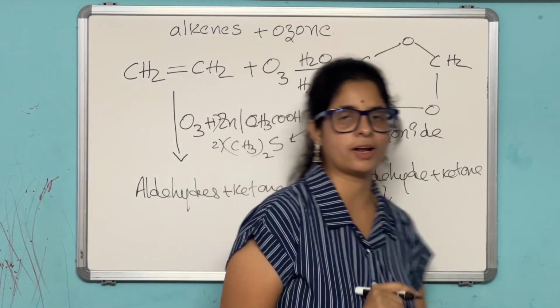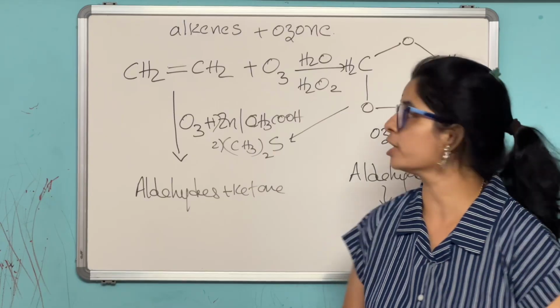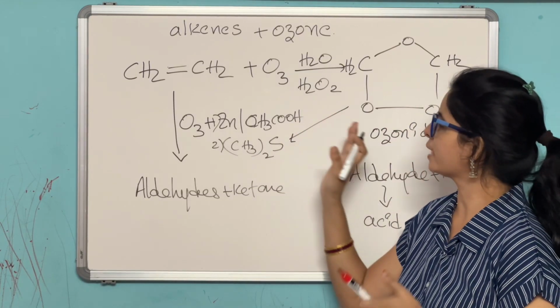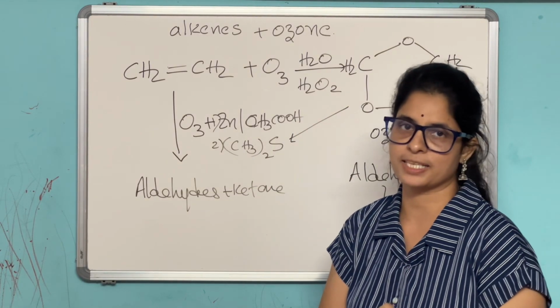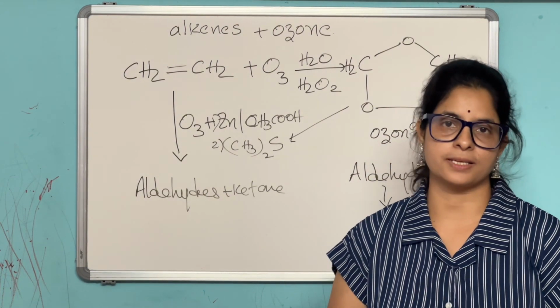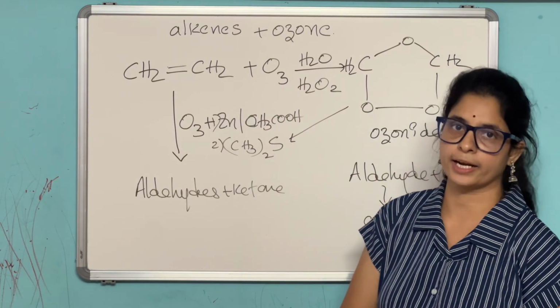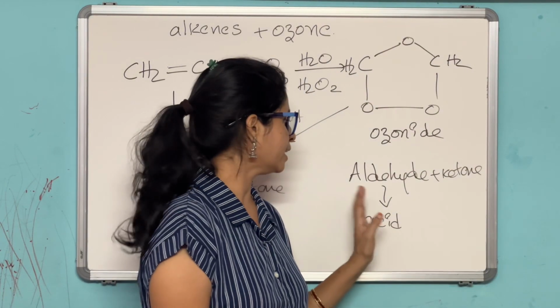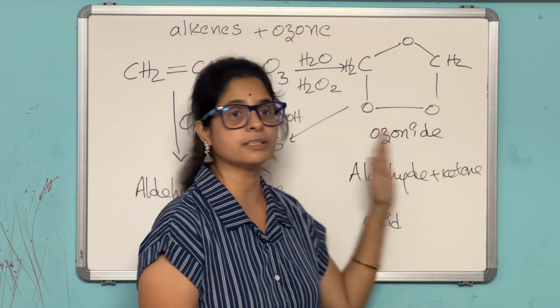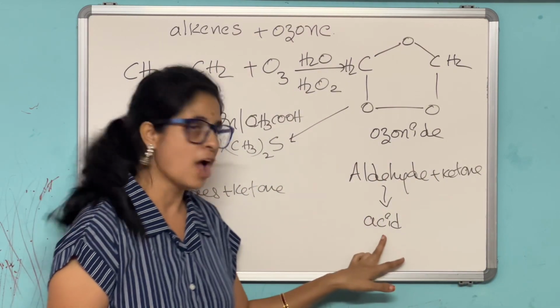Likewise, in the case of the oxidative cleavage of alkenes, we discussed in the previous session. Here ozone undergoes two types of cleavages after the formation of an ozonide, which is an unstable species. When ozone is taken along with H2O or H2O2, finally we get aldehyde plus ketone, and under the oxidative conditions, aldehyde is further oxidized to acid.